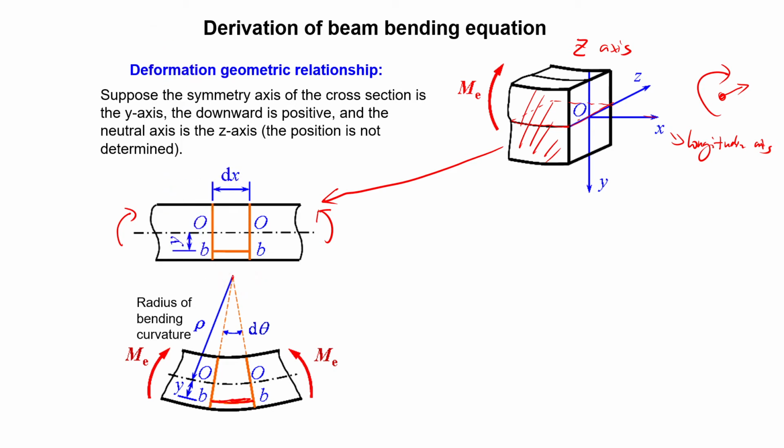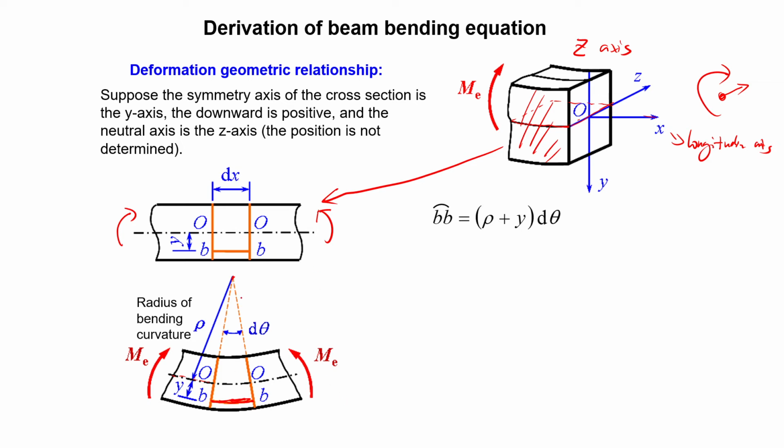The distance from the center to BB is called the radius of the bending curvature, rho. We always have the neutral axis as a reference, so rho is the distance from the center to the neutral axis.